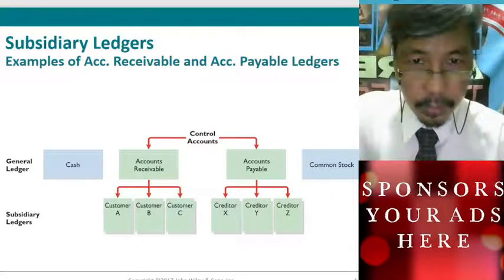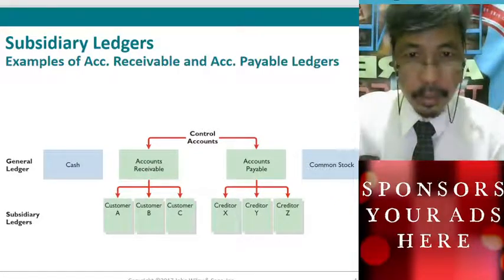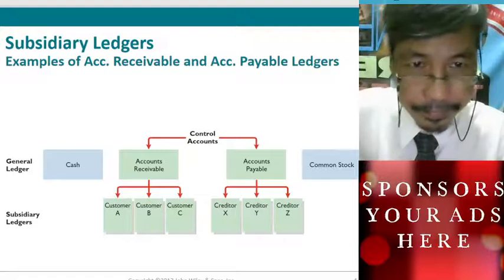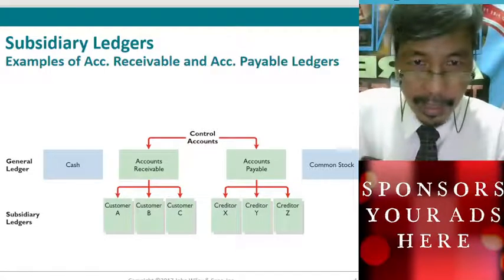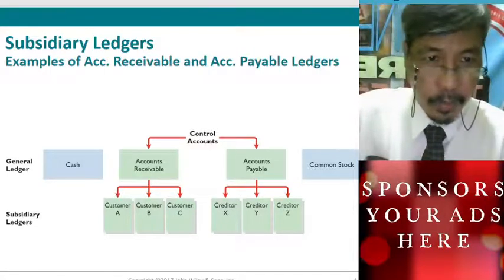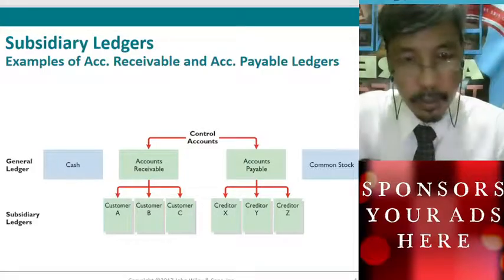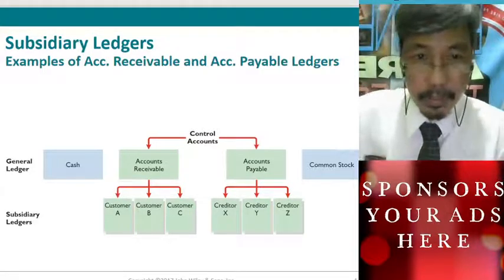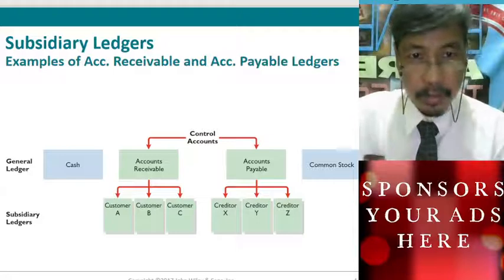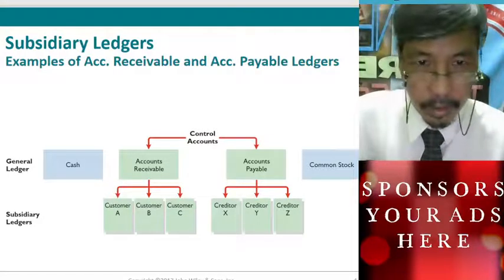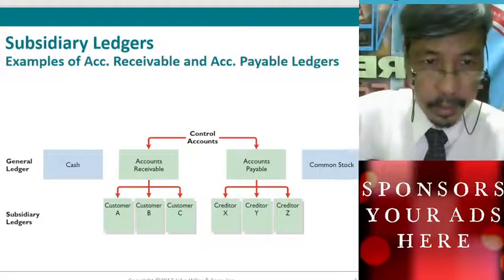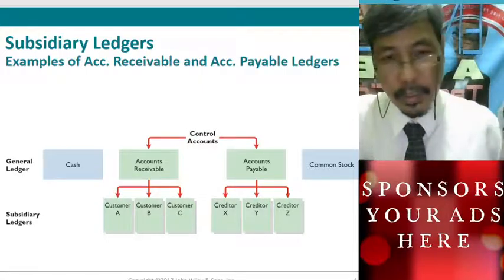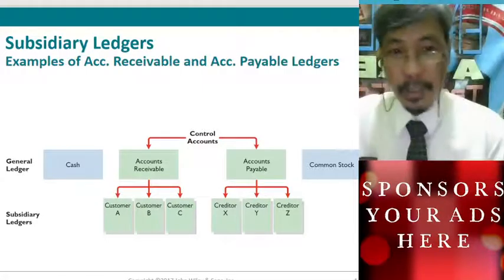What are those? For the general ledger and subsidiary ledger, we have cash, accounts receivable, accounts payable, common stock. So what are we talking about here? The accounts receivable and accounts payable are the control accounts of our customers, ABC, and creditors, XYZ. So we are talking of customers and creditors.